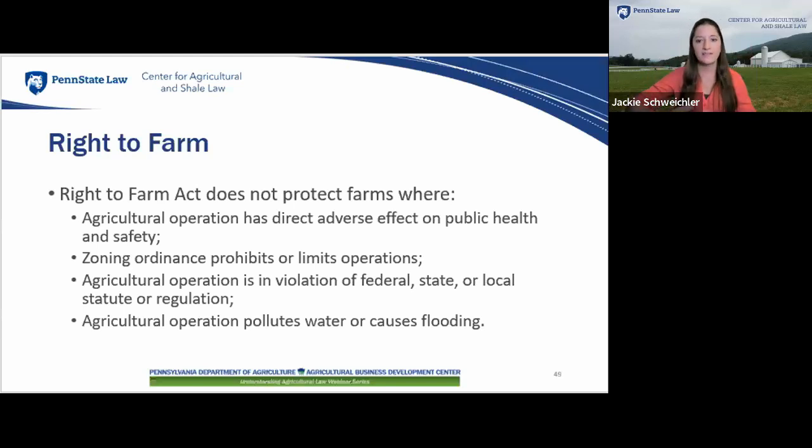So there's a whole list of things that they don't protect you from, things that you probably already know off the top of your head. So if you're causing a nuisance that's more than just a casual nuisance, like a smell or a little bit of sound, you might not be covered by right to farm. So read all the rules, check all the fine print there.